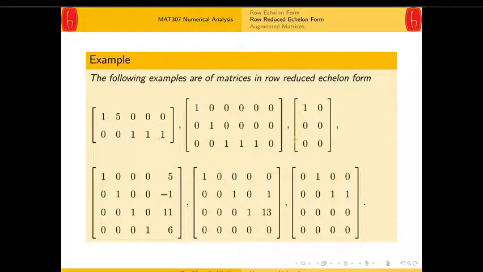For all of these matrices, they are in echelon form. As you see, the leading entries are moving to the right, and so on, and zeros are at the bottom. There is no problem at all with that, so these are all in row echelon form. What else do we need to check?